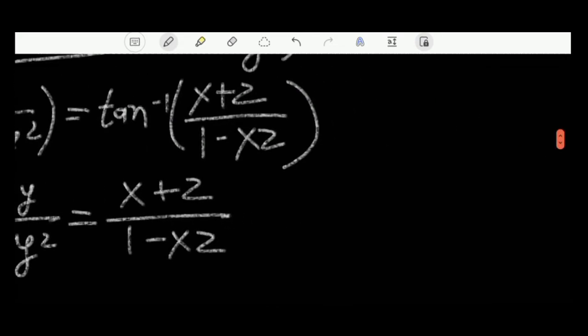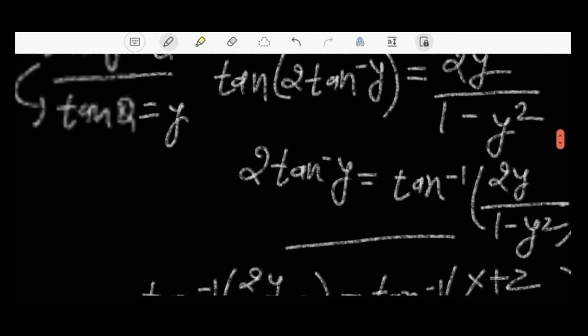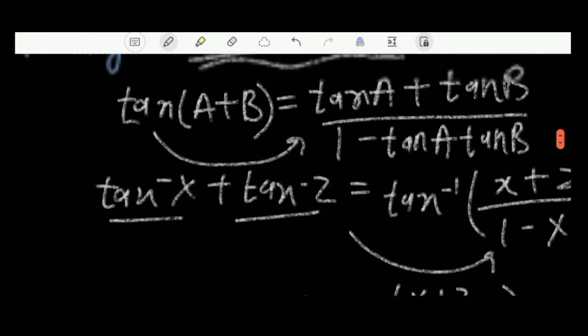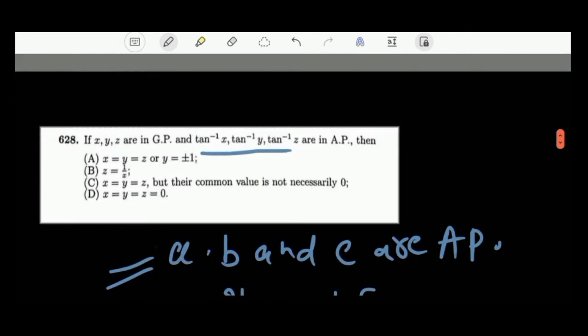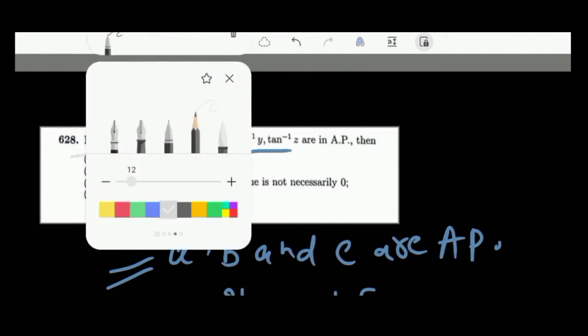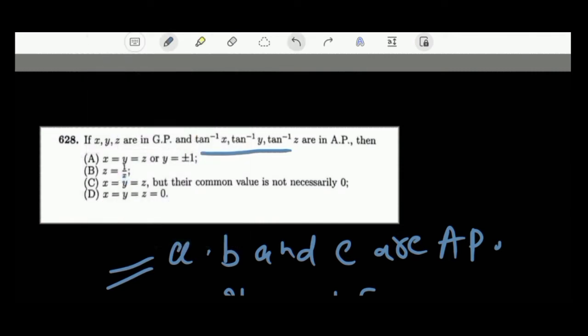And here comes the second piece of information that is given in our problem, which tells that x, y and z are in GP.